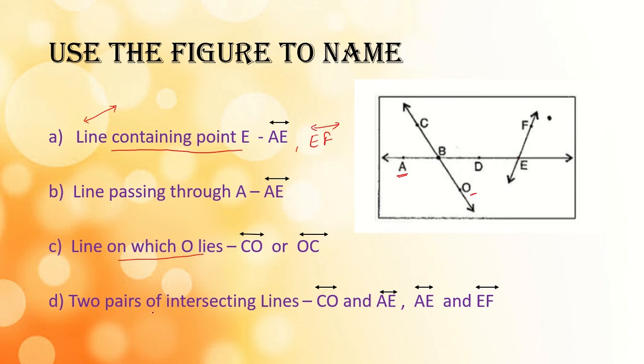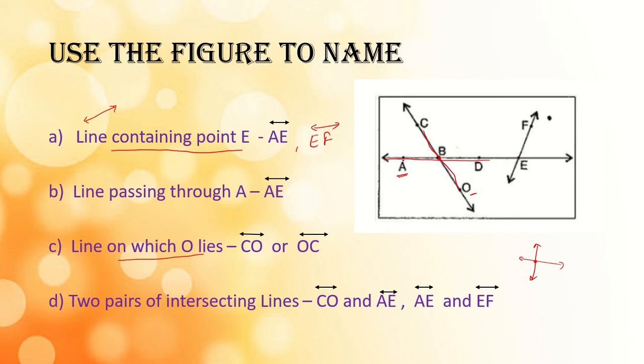Next, you have to write two pairs of intersecting lines. Intersecting lines means the lines which are cutting each other and having a common point. So I can see here the first and second, two lines intersecting at common point B. So name the lines. First example is CO and AE.